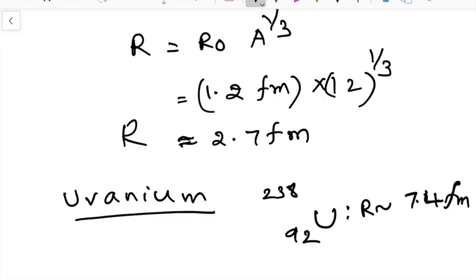The size of the nucleus depends upon the cube root of the atomic mass number. That is most important. Here we have taken the density of the nucleons as constant. In the next lesson we will learn about further properties of the nucleus. Thank you.